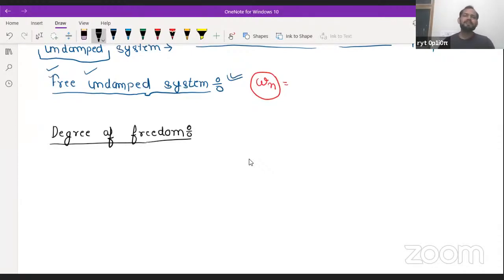Yeah. So degree of freedom is nothing but, how can we define it?